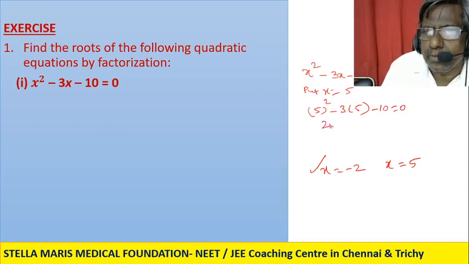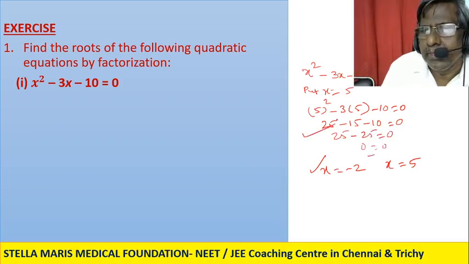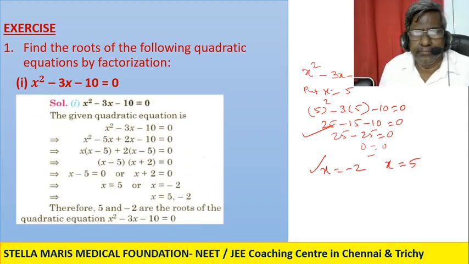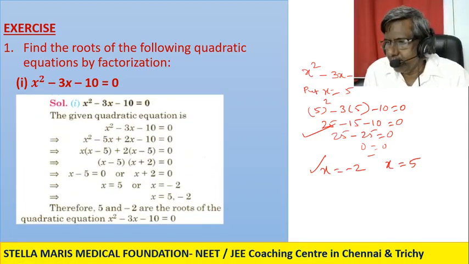So 5 square is 25, minus 15, minus 10 is equal to 0. So 25 minus 25 is equal to 0. So 0 is good. This equation is solved. Let's see how we are getting this 5 and 2. Snegit good, Abhishek good, Sivakumar good.